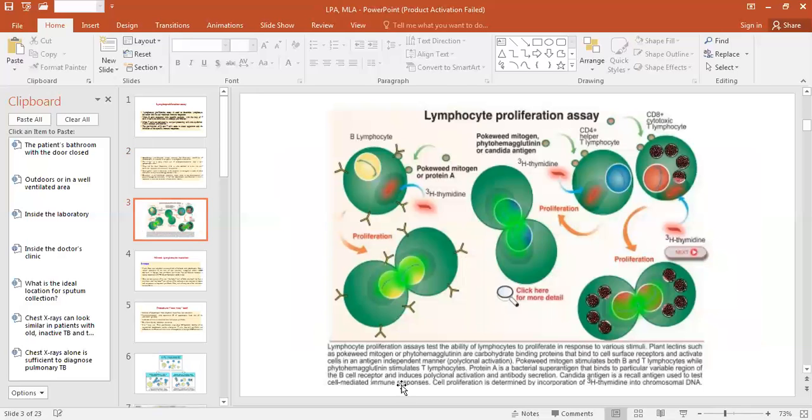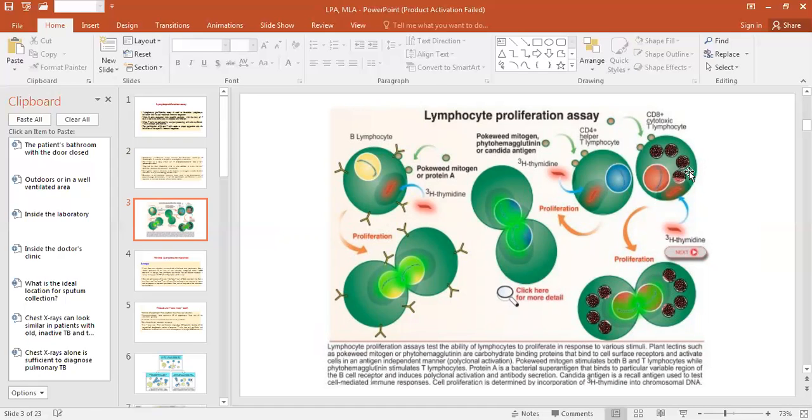So here in this picture you will see the B lymphocytes, and this is the T lymphocytes, both the helper T cell and the cytotoxic T cell, meaning CD4 plus T cell and CD8 T cells.